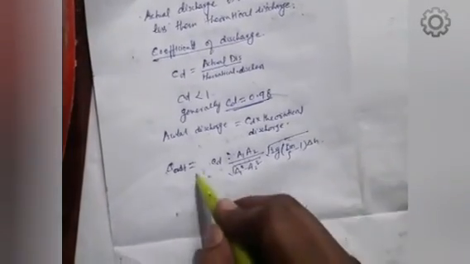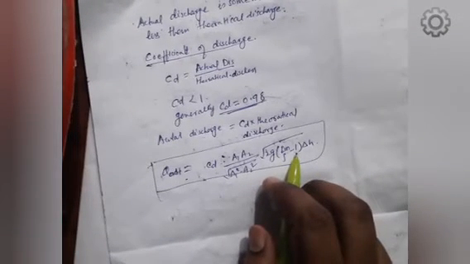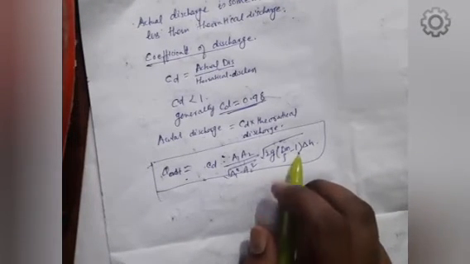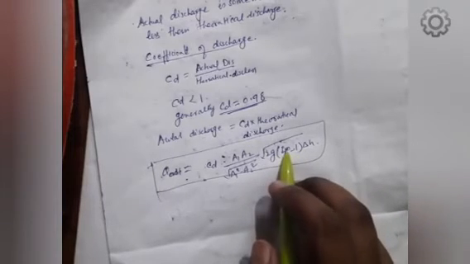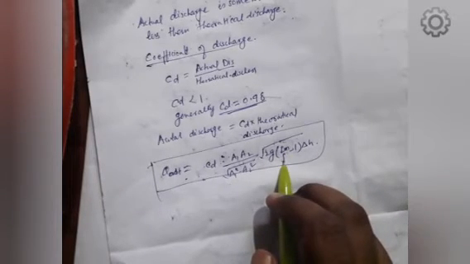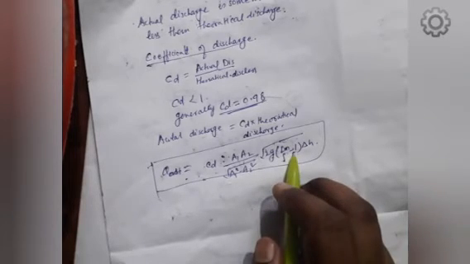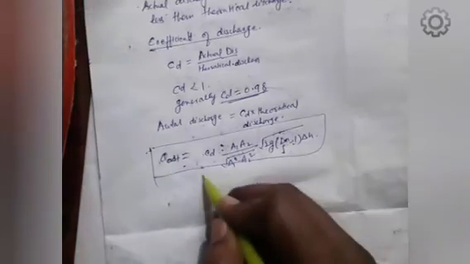So this is the derivation for the discharge through a Venturi meter, and this is the formula for discharge. Rho m is the density of manometric fluid, and rho is the density of fluid flowing through the pipe. So we can find out the discharge through a pipe. This is the formula.